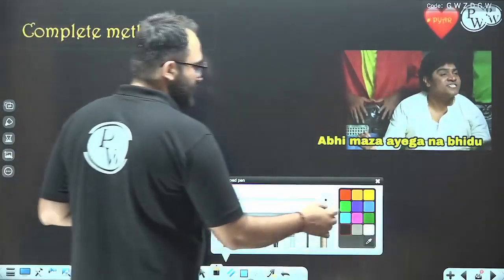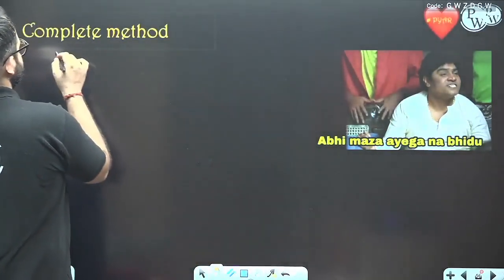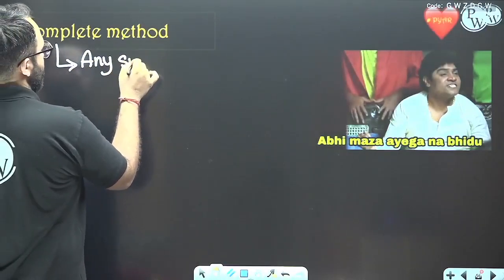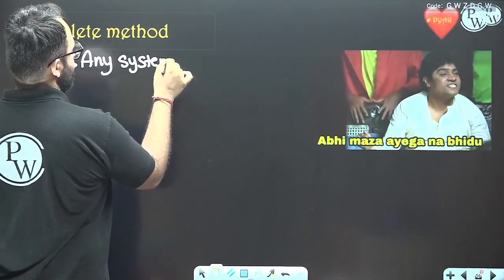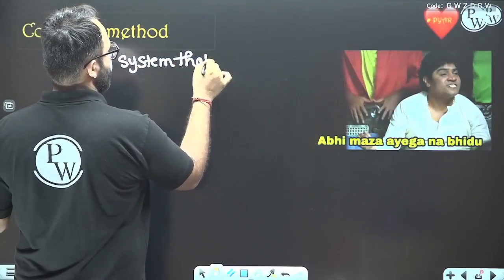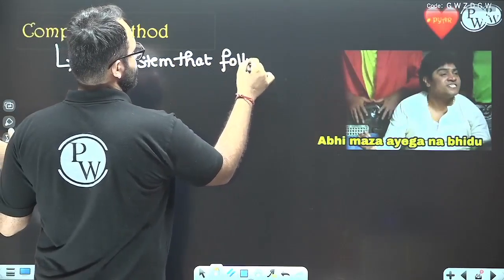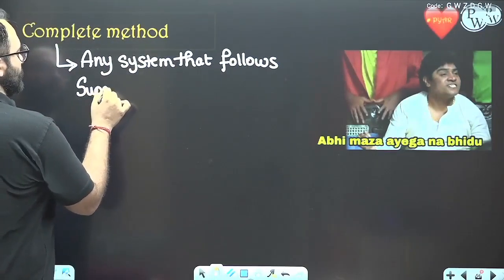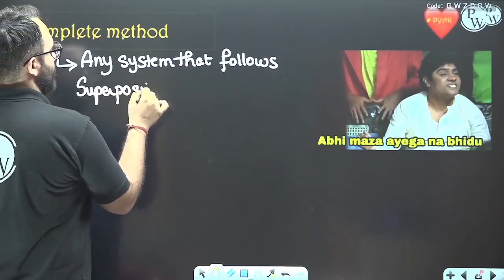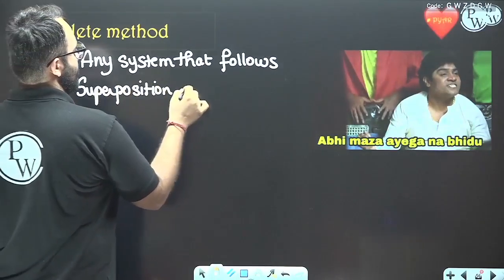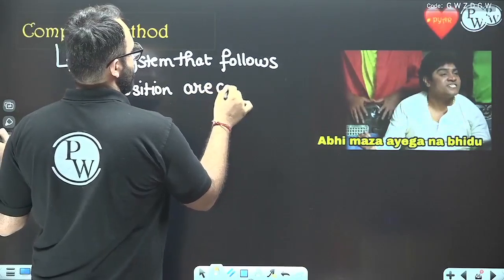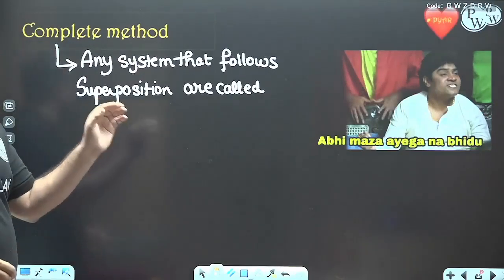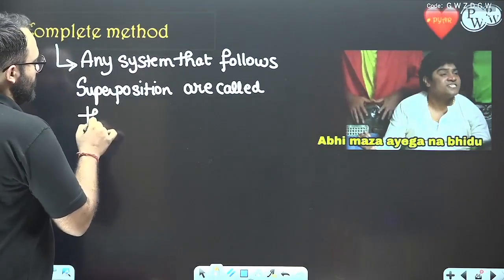The definition says that any system that follows superposition is called a linear system.